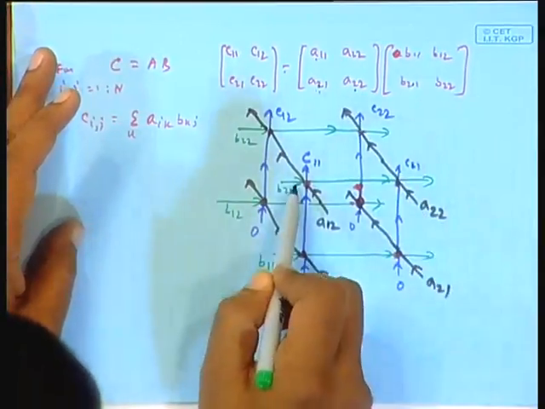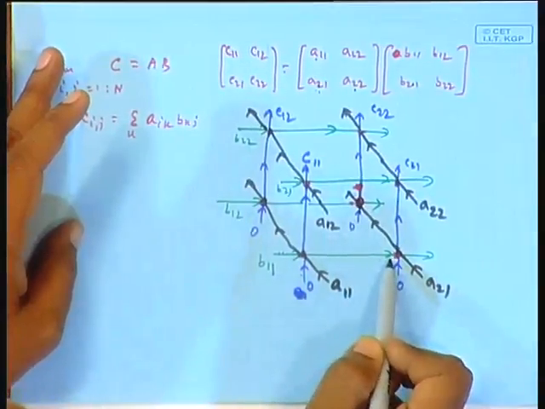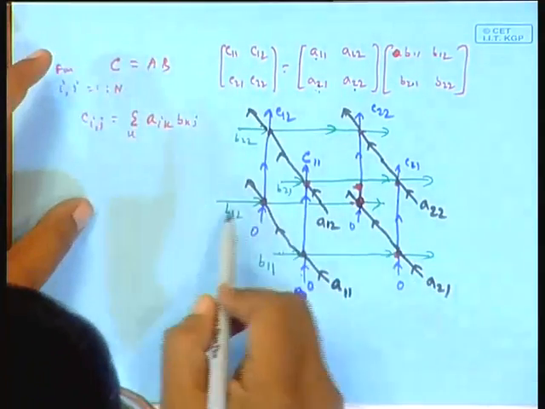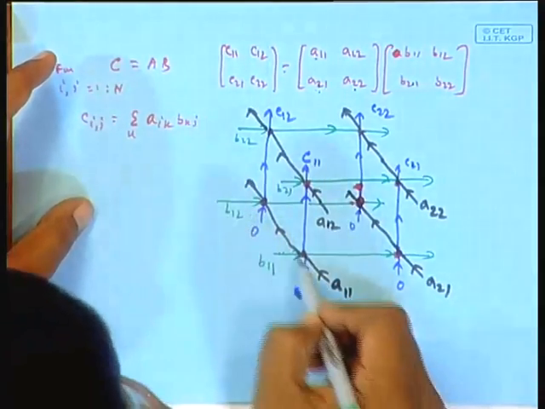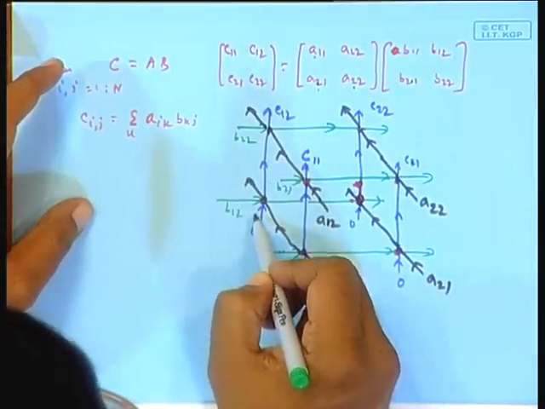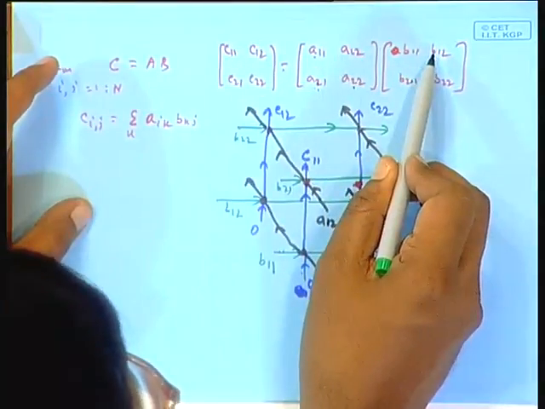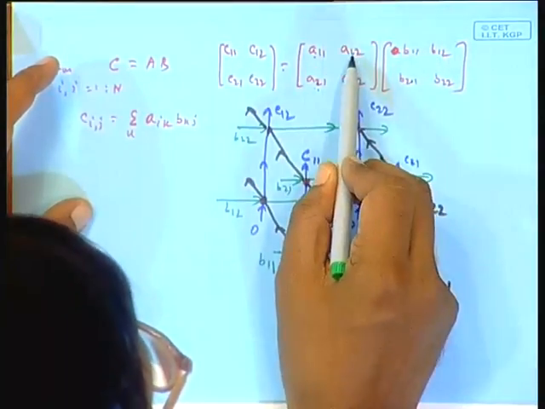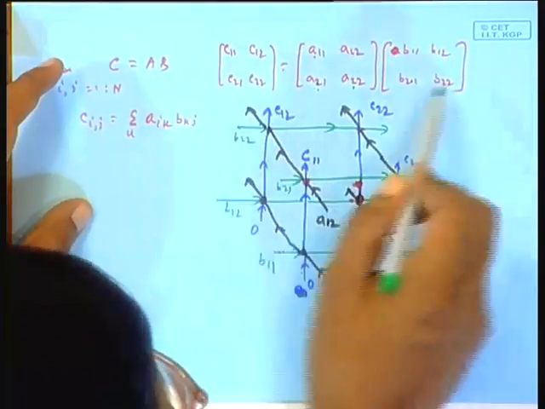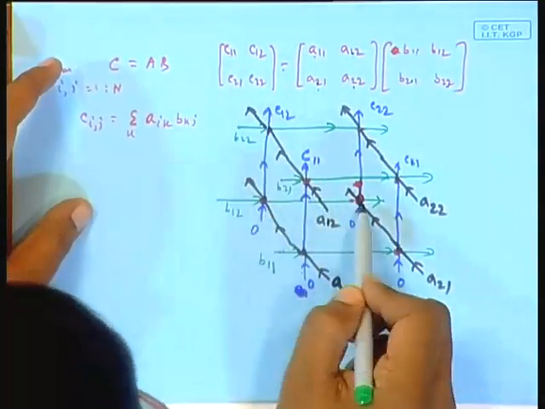You are giving new input, but same guy is coming here. Similarly, you are giving a new input A21, but same B11 coming up. C21 comes up, and now going along this line, you are giving a new input B12, but same A11 going. So, A11 into B12 plus 0. So, that remains, and then A12 you give on this line, this propagates with B22, that comes up, and check with the last.